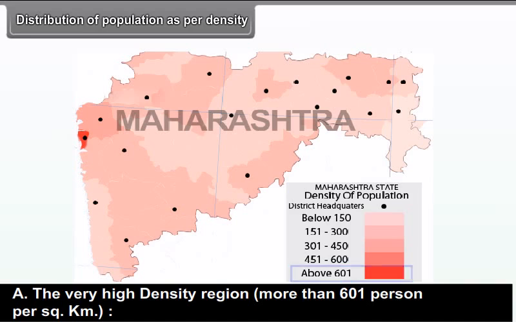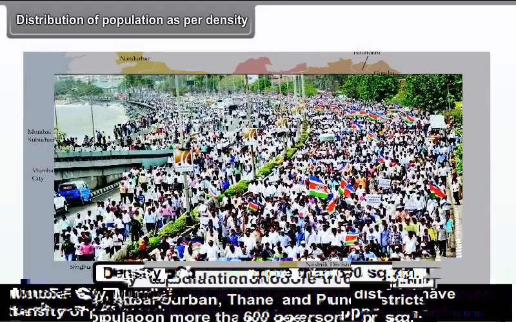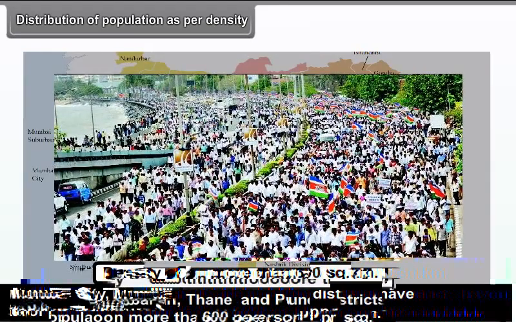A. The very high density region, more than 601 persons per square kilometer. Mumbai city, Mumbai suburban, Thane and Pune districts have the density of population more than 600 persons per square kilometer.